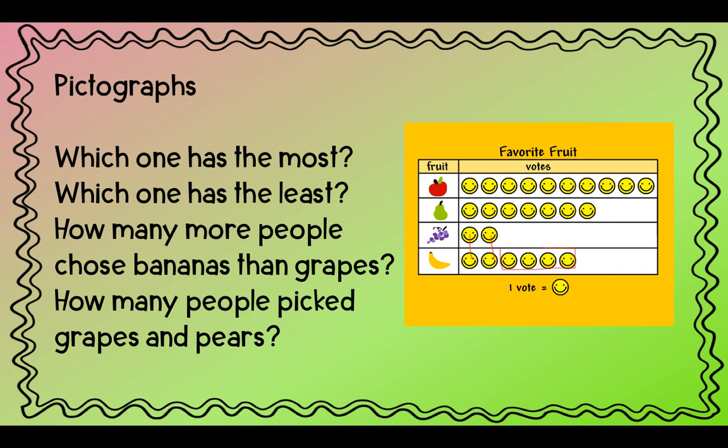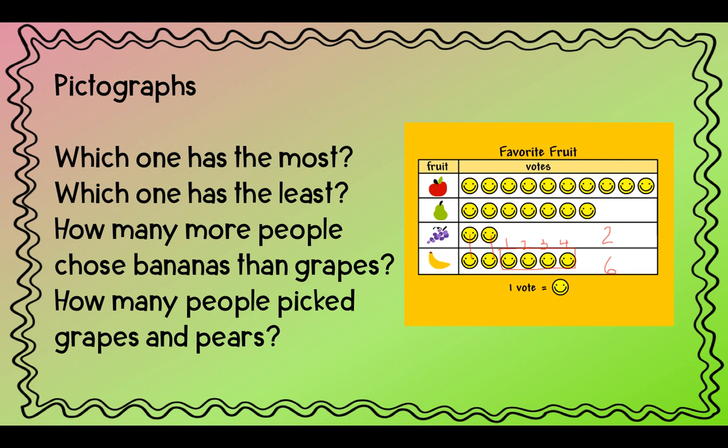So if I count those ones, that will tell me how many more. 1, 2, 3, 4. 4 more people chose bananas instead of grapes. That's the same as if I counted all of the smiley faces for bananas, which is 6, and I subtracted the smiley faces for grapes, which is 2. 6 minus 2 is 4.